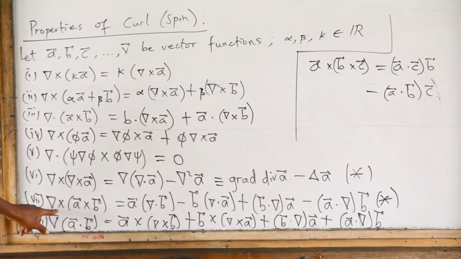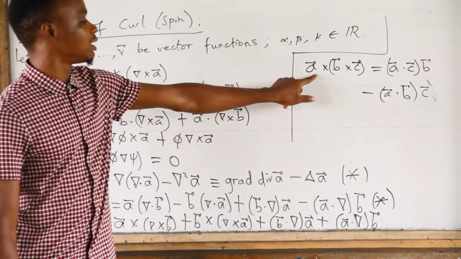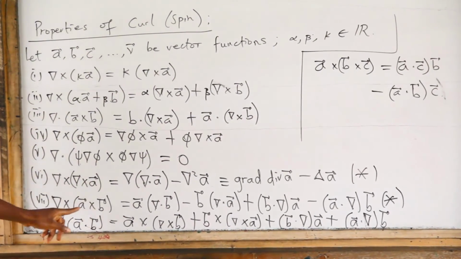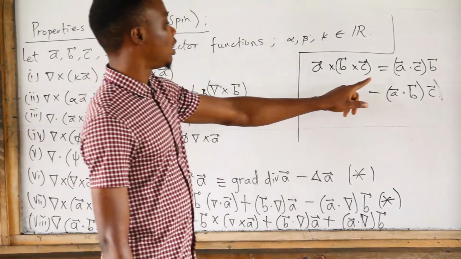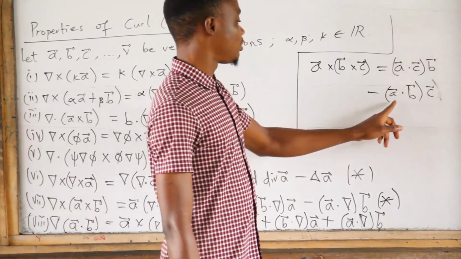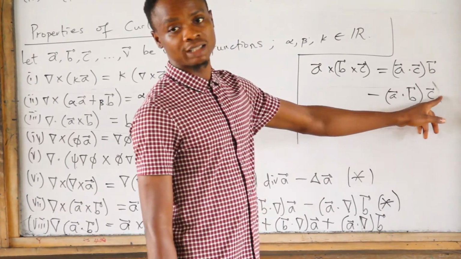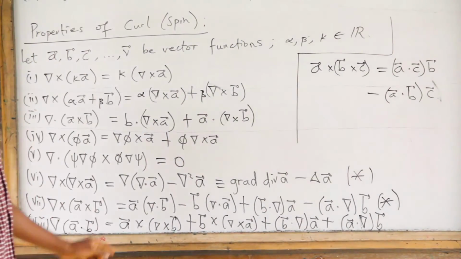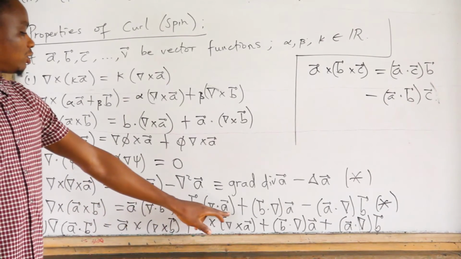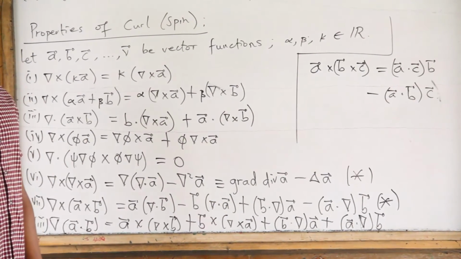Just by replacing A, in this case, our A is nabla. When you replace A in that expression, you're going to have nabla dot C multiplied by B, you're going to have minus nabla dot B multiplied by C. So that is what you have here in this case, nabla dot B, nabla dot A. Do you understand what I'm doing? Do you get what I'm saying?